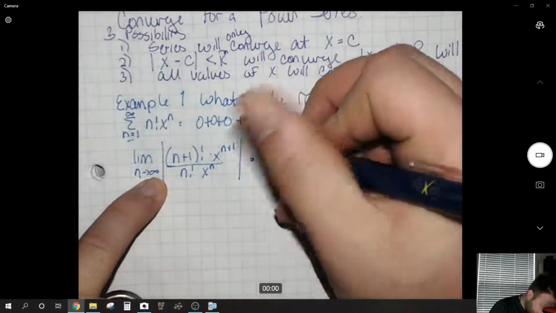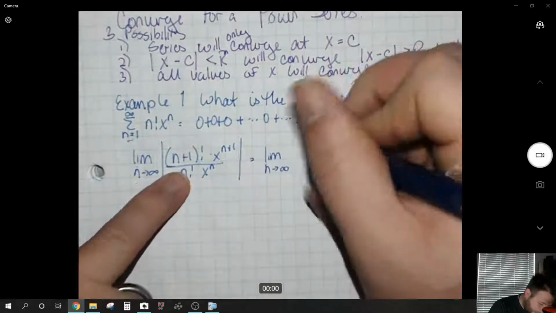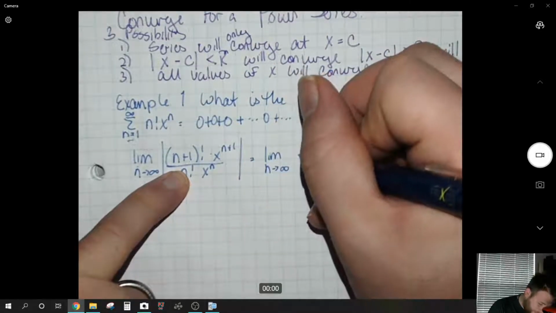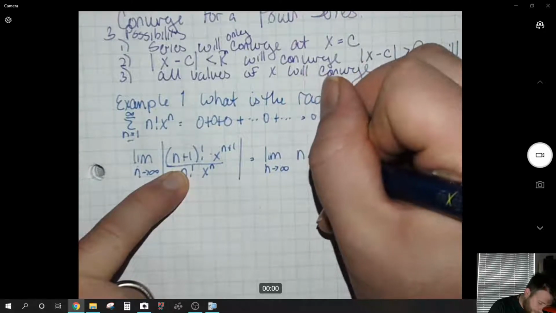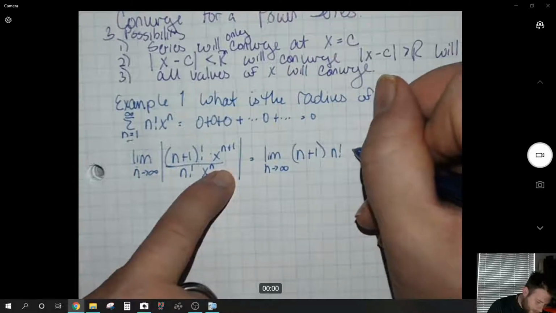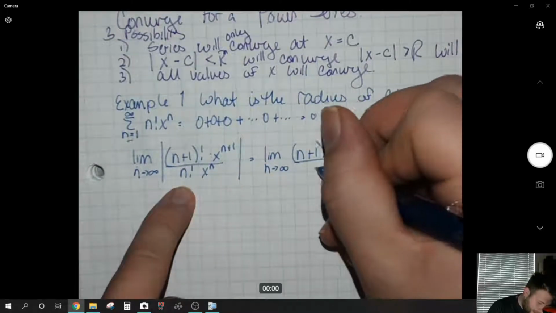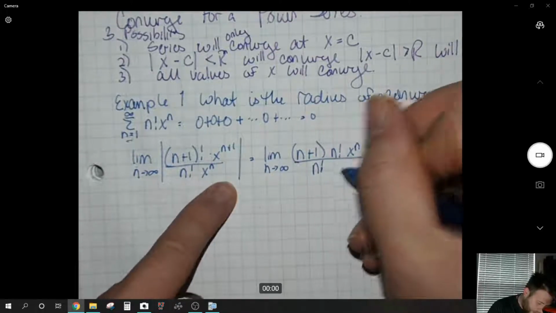So the limit as n approaches infinity of the absolute value of (n plus 1) n factorial, x to the n times x, divided by n factorial x to the n.